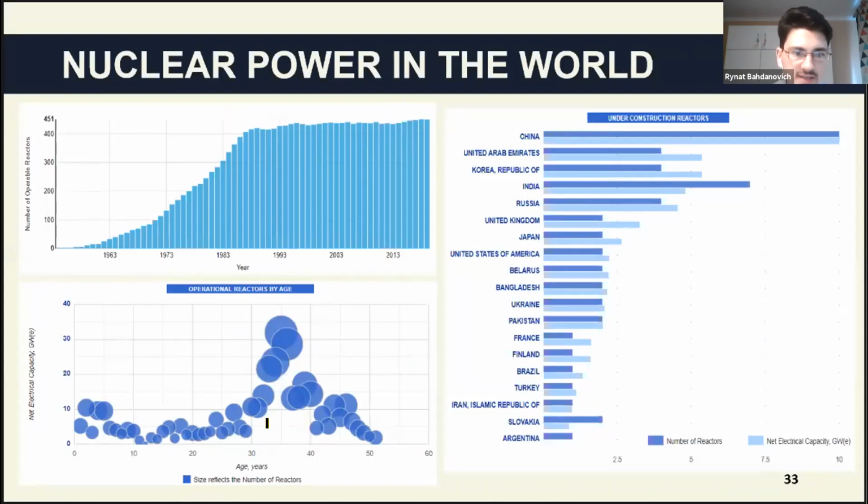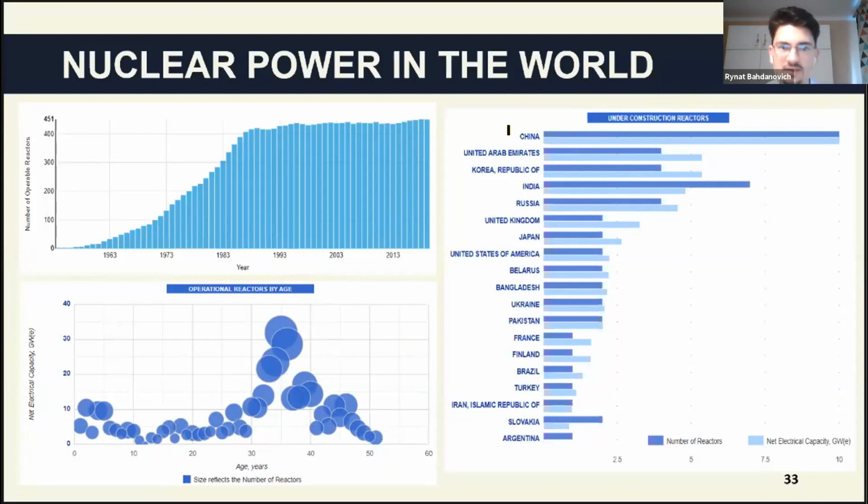On this slide, you can see how old the reactors are which we operate today. They are quite old, and they will be put out of operation in the next decade. That's why we need to build new reactors. And on the right side, you can see the reactors which are under construction today.